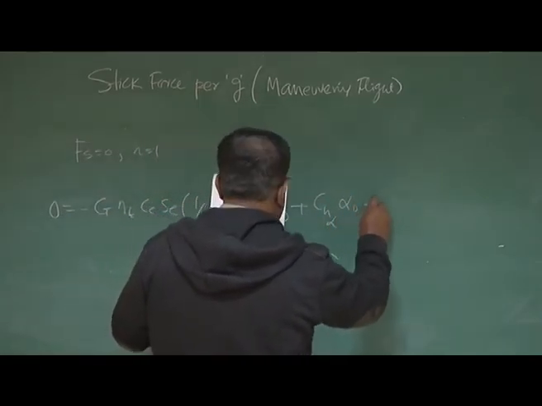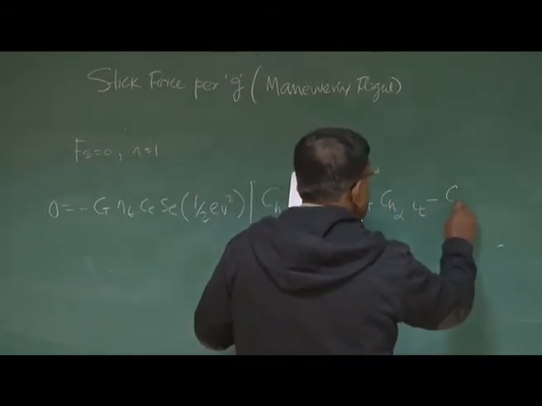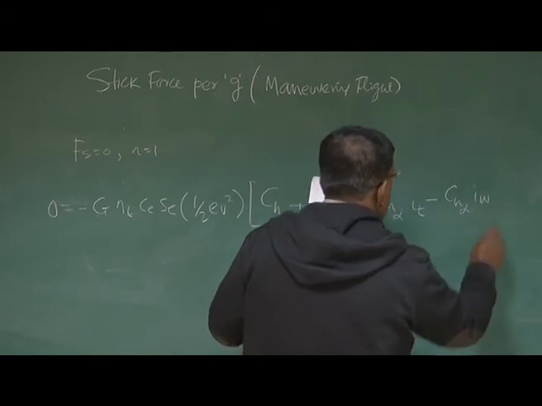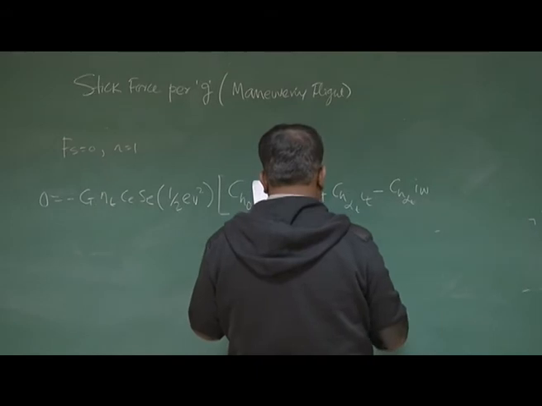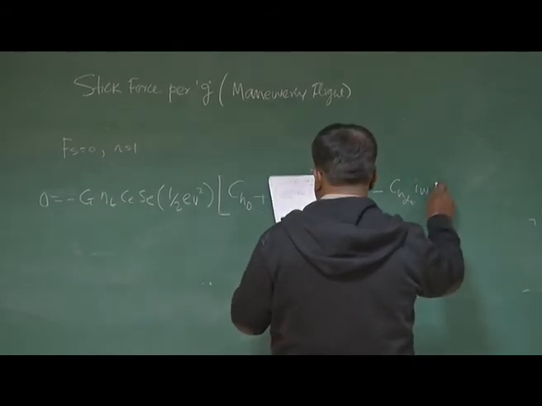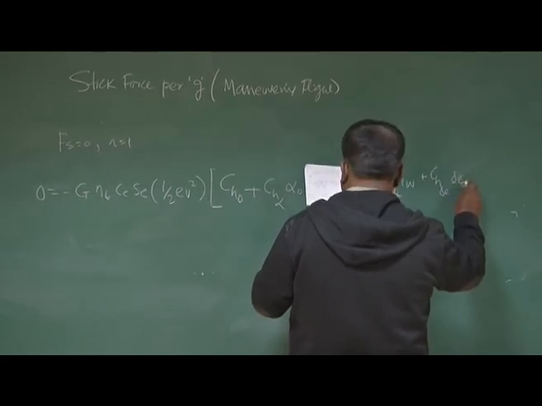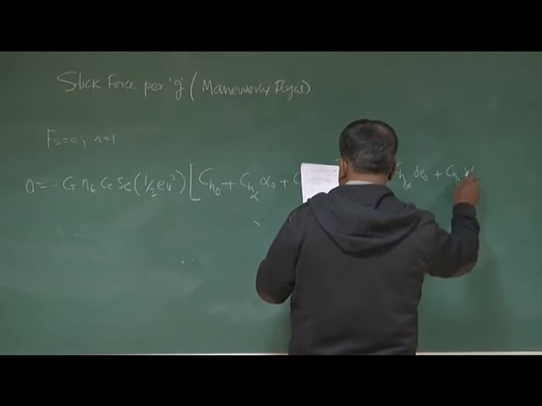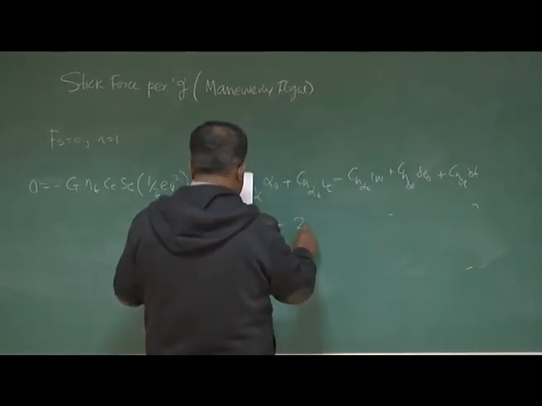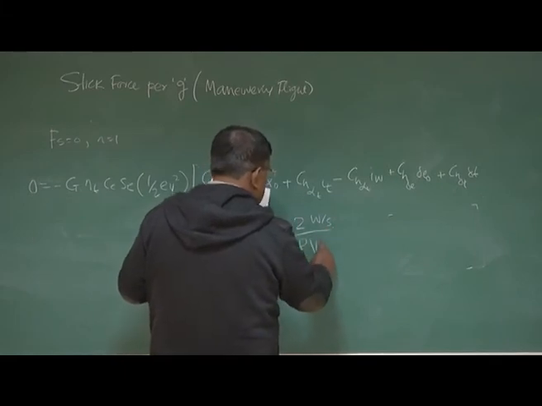Ch naught plus Ch alpha into alpha naught plus Ch alpha tail into It minus Ch alpha tail into Iw. Ch alpha means alpha tail. Then plus Ch delta E into delta E naught plus Ch delta T into delta T minus 2 W by S rho V trim square.